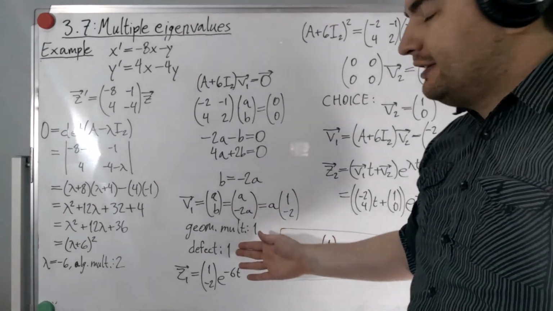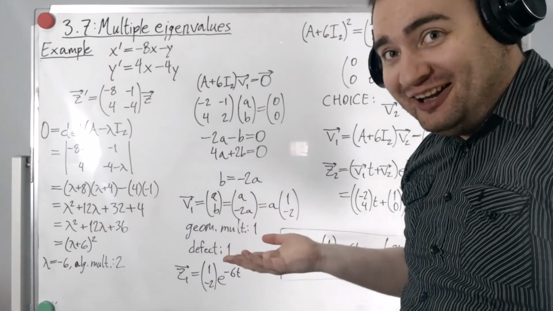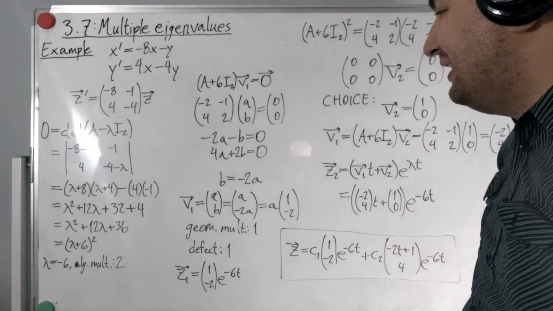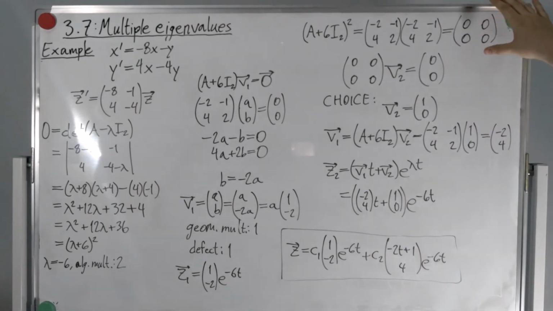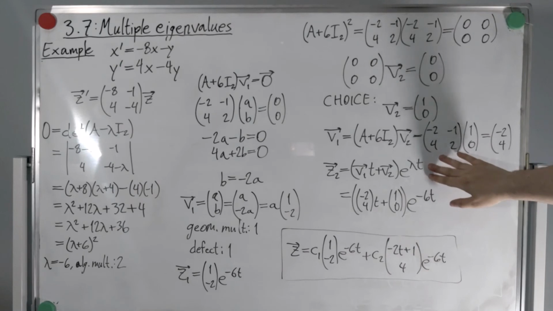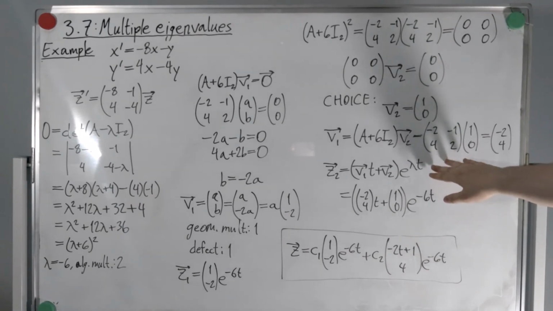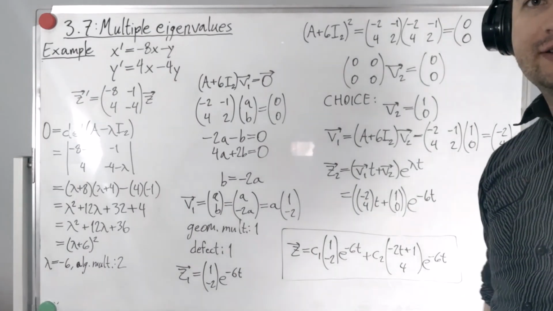So when you see the defect is 1, it might ruin your day, depending on how large your matrix is. But ultimately, it's just a little bit more work to find the basis solution corresponding to the generalized eigenvectors of rank 2. In any case, that's all for today.